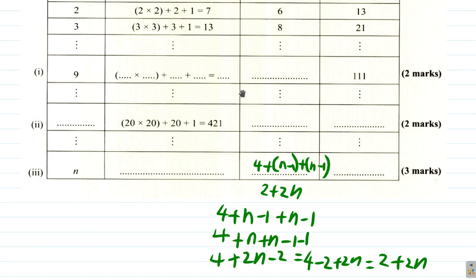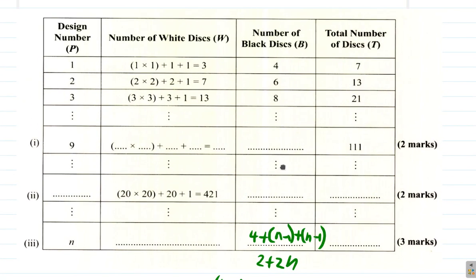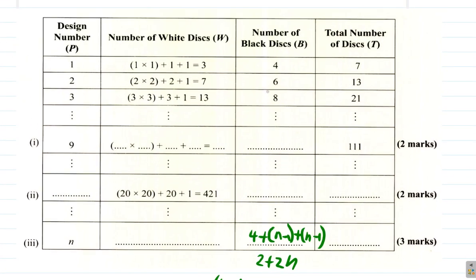But to be sure, let's test it here. Pattern 1, or design 1. 2 plus 2 by 1, which is 4. And we have 4 here. Design 2. 2 plus 2 times 2. 2 2 is 4 and 2 6.